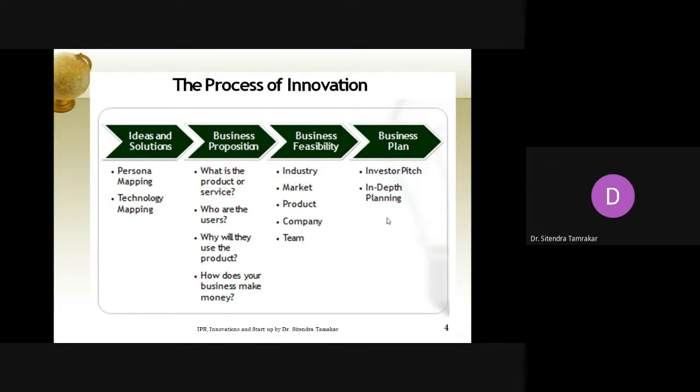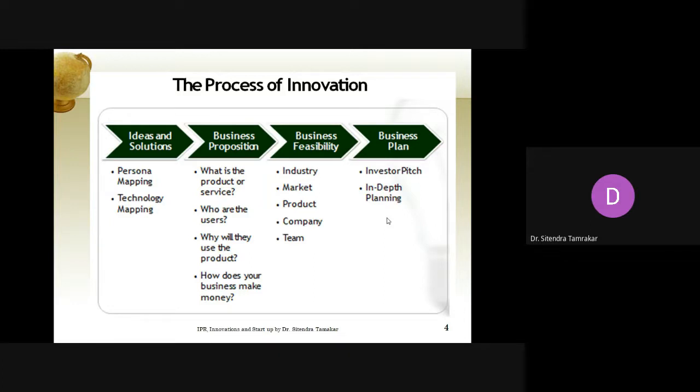In the business proposition, you find the product, services, users, and their market. Under business feasibility, we talk about the industry, market, product, company, and the team. And at last, under the business plan, there is an investment pitch and in-depth planning. So this process is very important when you talk about innovation.